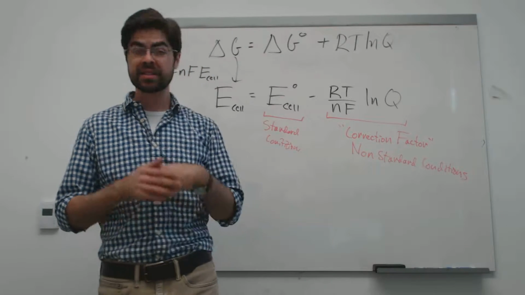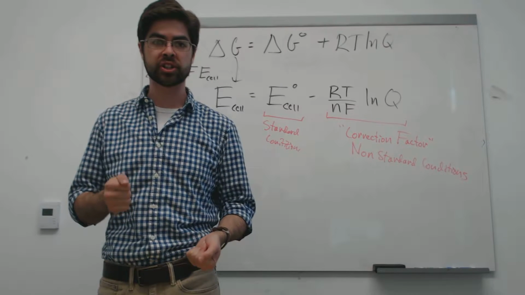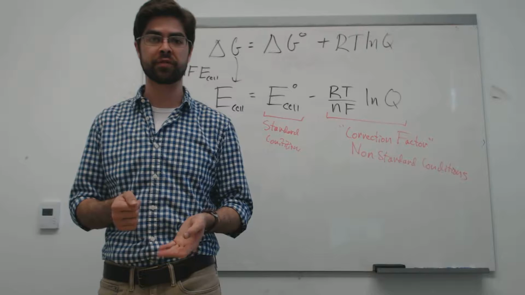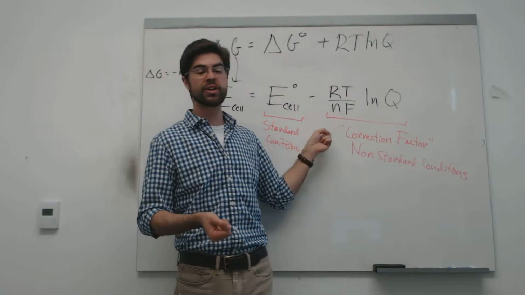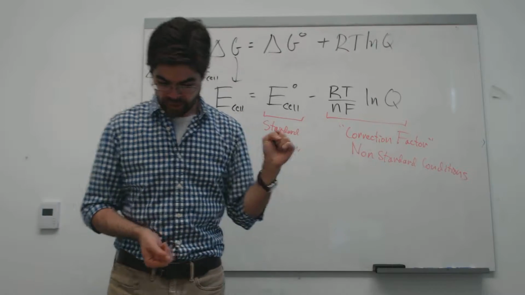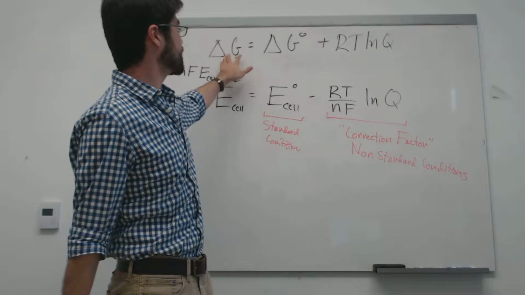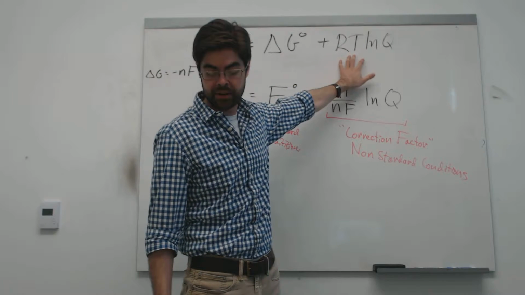We can calculate standard cell potentials by just calculating the difference in reduction potentials. We've done a handful of examples with that. But again, those are standard reduction potentials. And the Nernst equation allows you to calculate cell potentials under any set of conditions, just in the same way that we were able to calculate delta G under certain non-standard conditions.